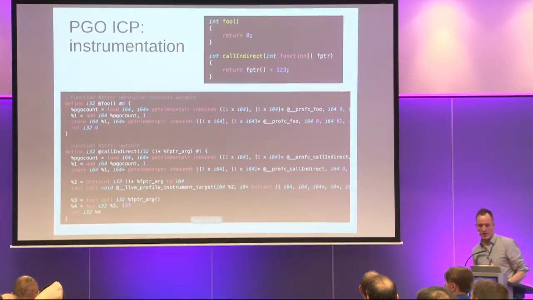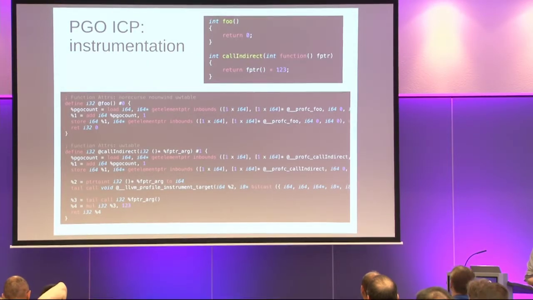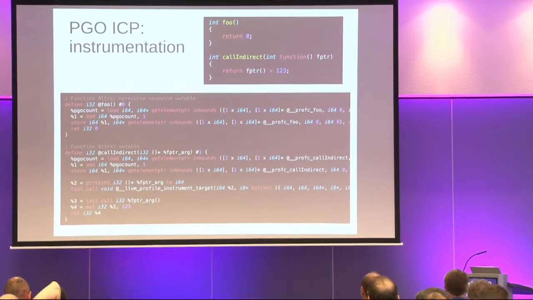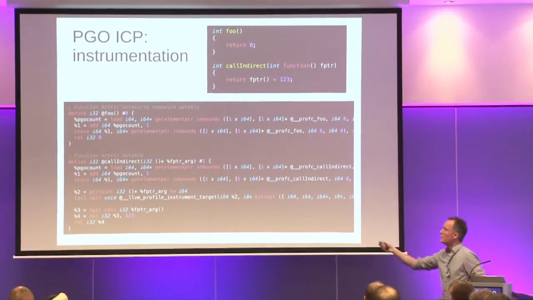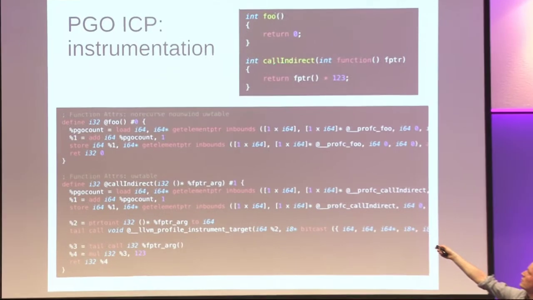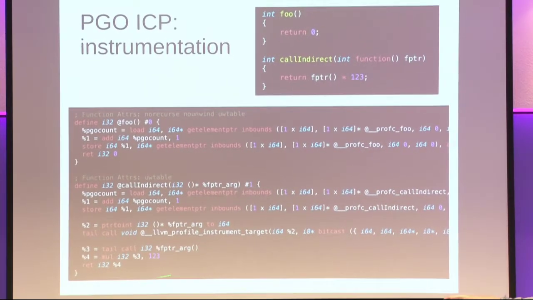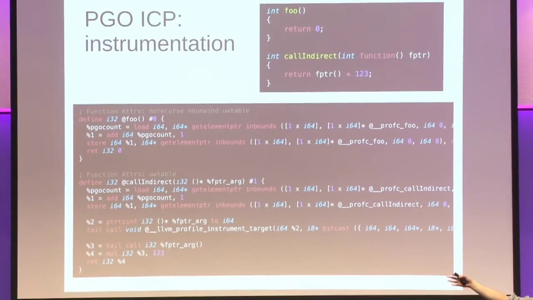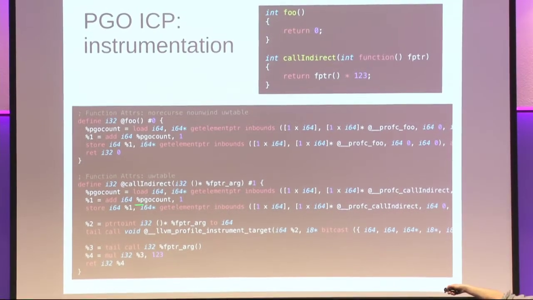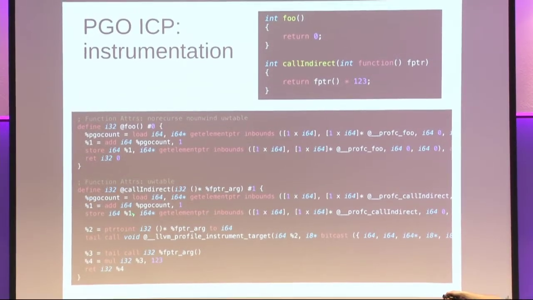Yeah. So, okay, what does it look like in LLVM IR? We first have to instrument our executable. And if we look at function callIndirect, it's here in LLVM IR. First thing we do is, again, add the counter, right? This is the counting code for control flow. So increase the function call counter.